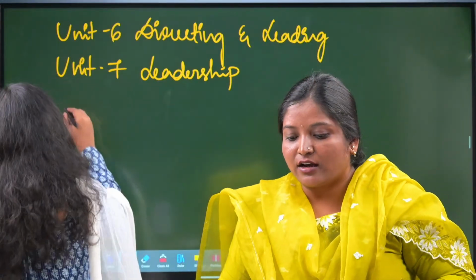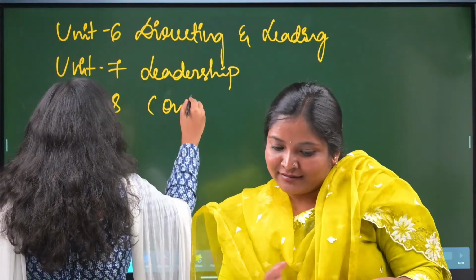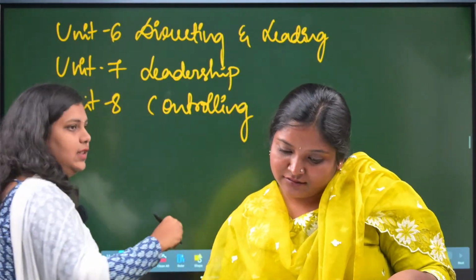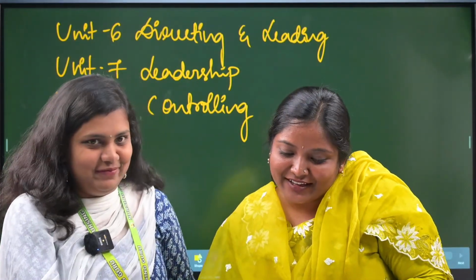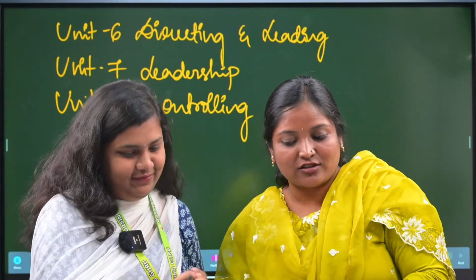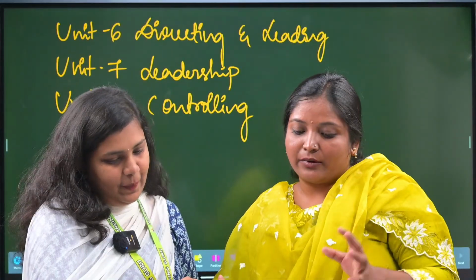The next one is controlling. There are a lot of units, around 18, and we are in the 8th unit, controlling. It covers implementing standards, policies, procedures, protocols, and practices. Then nursing performance audit.